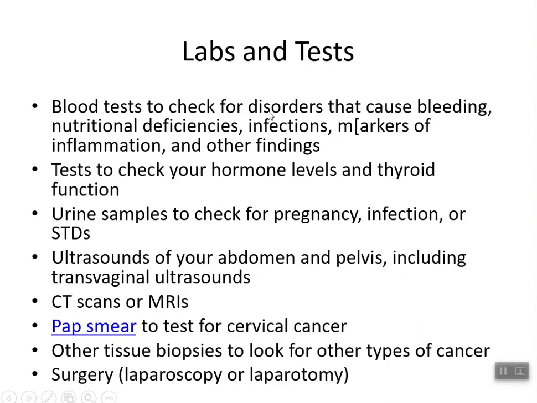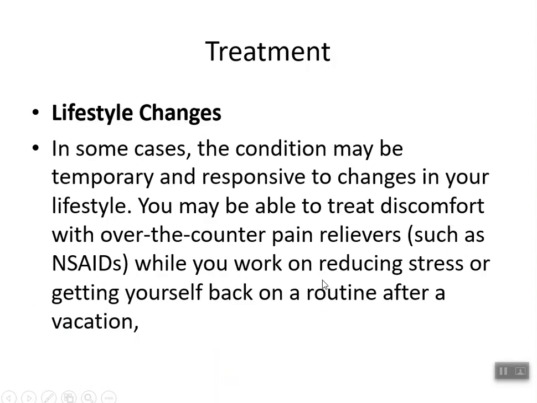Lab tests: basic blood test, hormonal test and thyroid, urine samples, ultrasound with transvaginal, CT scan and MRI, pap smear, biopsies and surgery under laparoscopy and laparotomy. Treatment: lifestyle changes, in that non-steroidal anti-inflammatory drugs, that is brufen, and reduction of stress level.